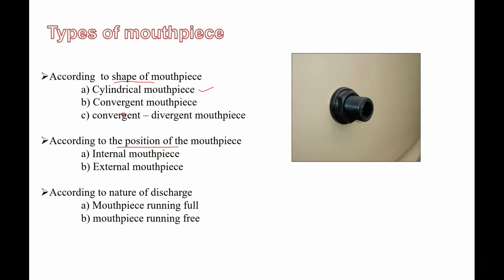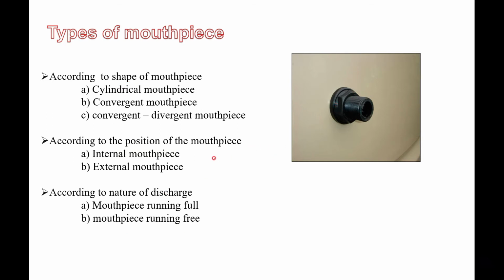These are the three classifications based on shape. According to the position, meaning where the mouthpiece is fitted, there are internal and external mouthpieces. I'll tell you what internal and external mouthpieces mean. According to the nature of discharge, the mouthpiece is running full or running free.